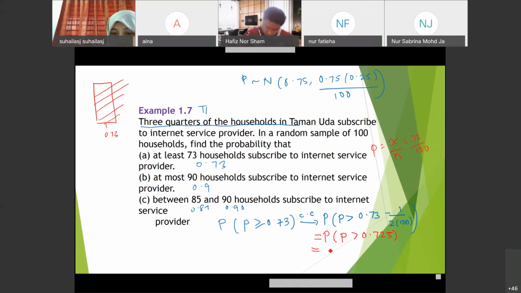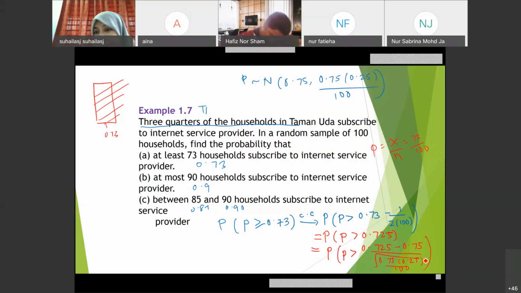So we have P greater than 0.725 minus 0.75, divided by the square root of the variance, 0.75 times 0.25 divided by 100. Try standardizing.